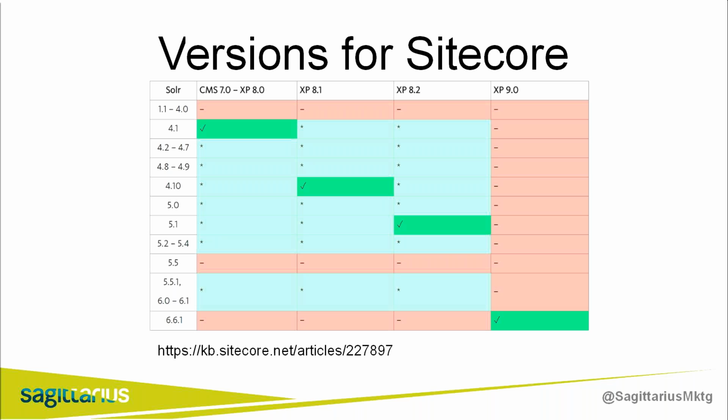But for your dev instance, it's allowed to use almost any of the SOLR versions. The exception is Sitecore 9. But for any Sitecore up to 8.2, you can use almost any SOLR version. So you can have one SOLR server locally and reuse it for different Sitecore instances.